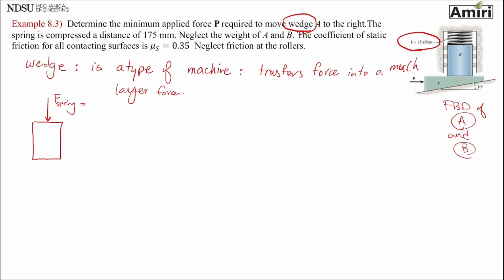I have the stiffness of the spring, 15 kilonewtons per meter, and it is compressed 0.175 meters. So I will get 2.625 kilonewtons force of the spring. Remember, force of a spring is the spring constant multiplied by the amount of deformation.